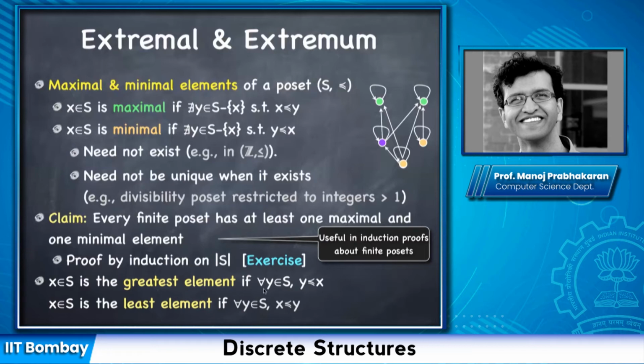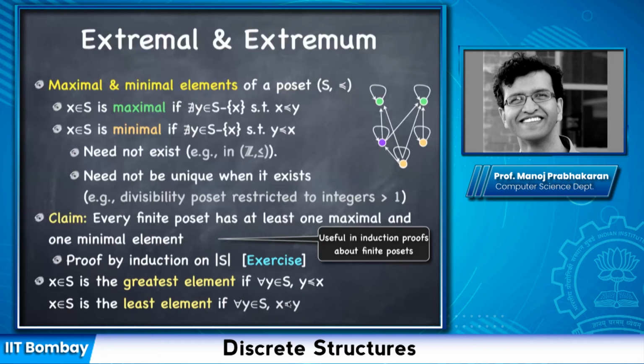Okay, so this is the definition of a greatest element in a poset, an element x such that for every y, y is less than or equal to x. And similarly, the least element would be an x such that for every y, x is less than or equal to y.